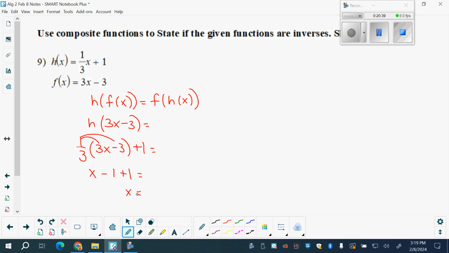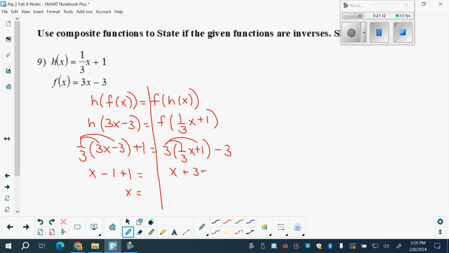So now we're going to find f composed of h of x. That is f of 1/3 x plus 1, which is 3 times 1/3 x plus 1, minus 3. So putting the 1/3 x plus 1 into the f function, we distribute the 3, we get 1x plus 3 minus 3, and then we get an answer of x.